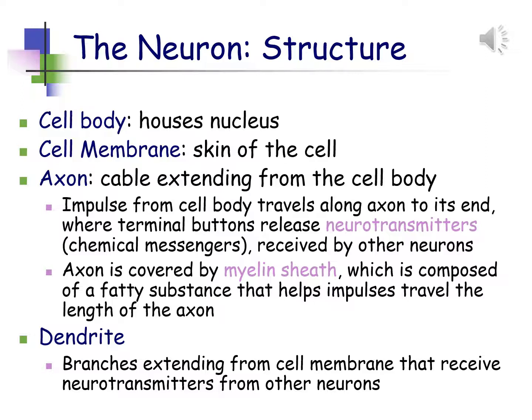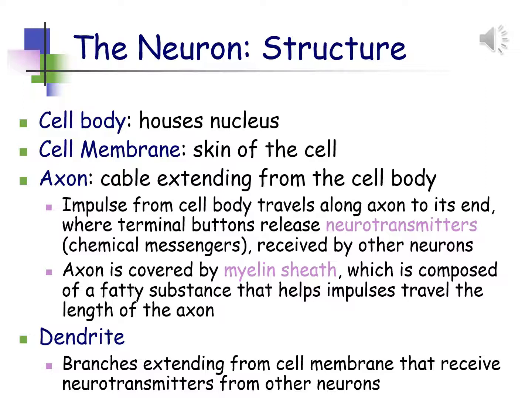The axon is that long cable extending from the cell body. The impulse from the cell body travels along the axon to its end, where the terminal buttons release neurotransmitters, which are chemical messengers, out into the synapse, and then they are received by other neurons after they pass the synaptic gap. And you're going to see an illustration of that later.